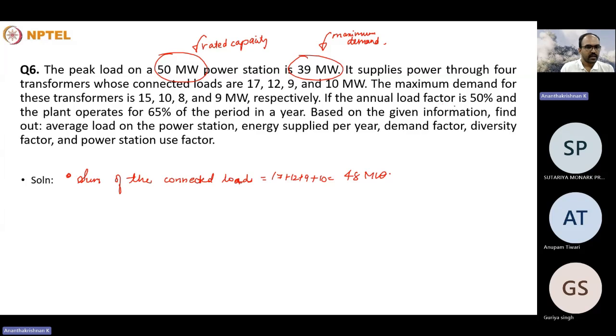If the annual load factor is 50%, load factor is given as 50%. We have seen in one of the previous problems what load factor is, and the plant operates for 65% of the period in a year. So that is also given.